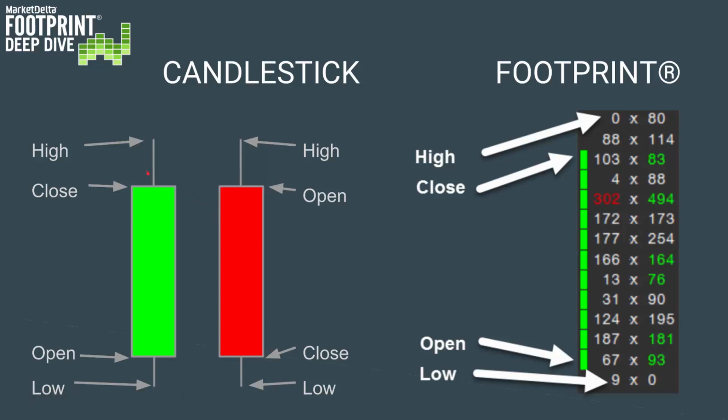And then these wicks, the wick doesn't have to be there, but it just represents the highest. This would be the high price. This would be the low price. And the wick just shows that it did travel through these prices and established a low, and same with the high.